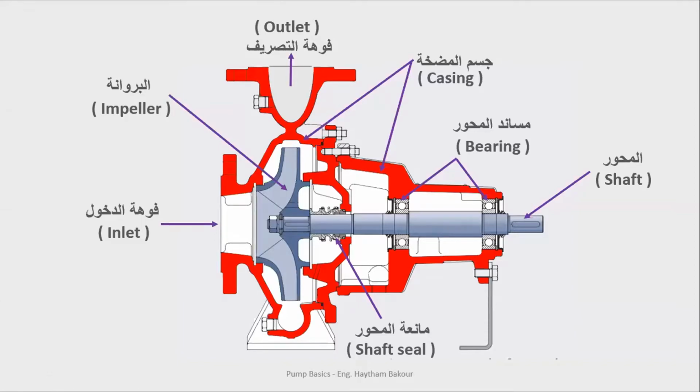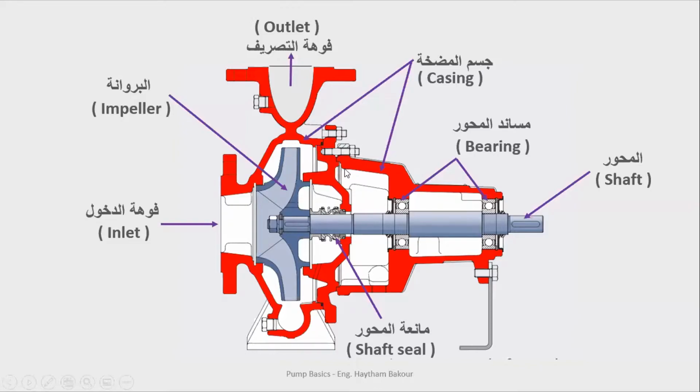We are going to talk about the parts of the pump. It contains the inlet where the water is going in, then the impeller, and this impeller is raising the water to the outlet, where the water is transferred and pumped.